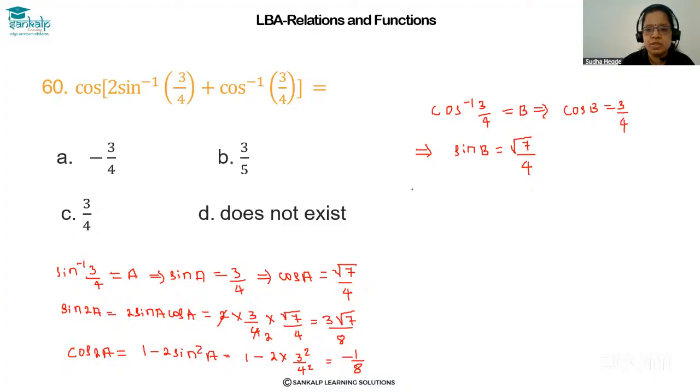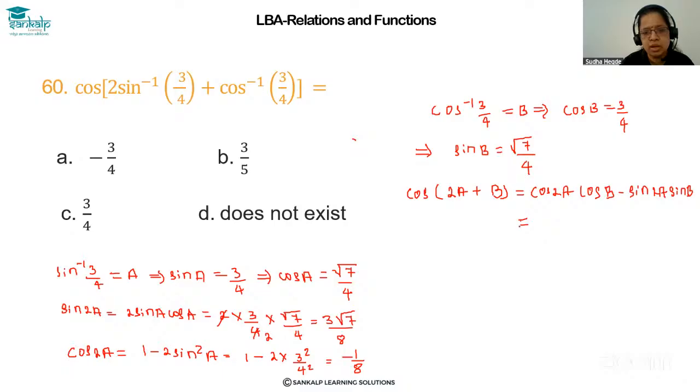Okay. Now take the given expression, that is cos of 2 times sin inverse 3 by 4 is A, cos inverse 3 by 4 is B. That is expanded using cos A plus B formula. That is cos 2A cos B minus sin 2A sin B. You substitute.